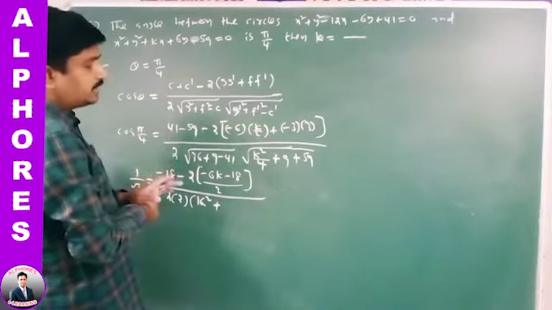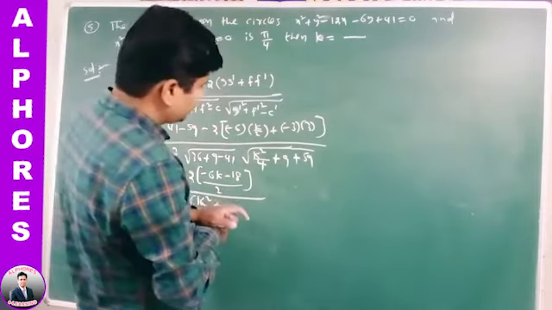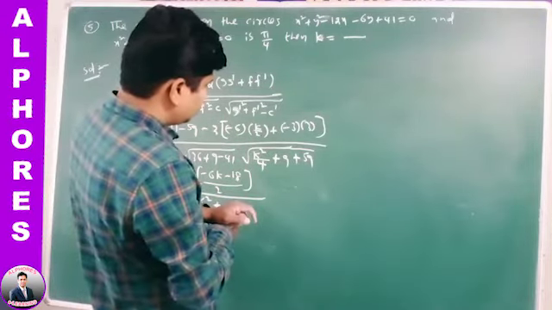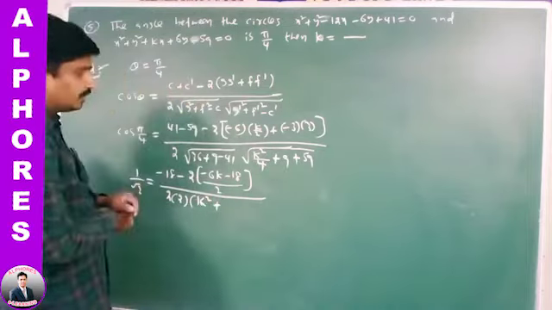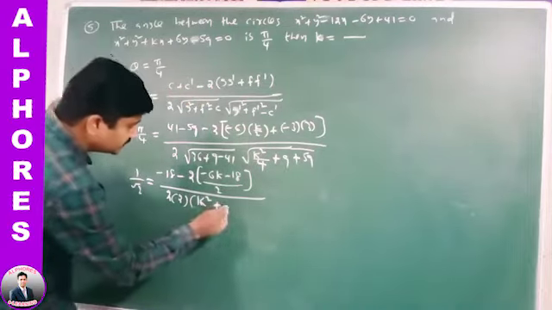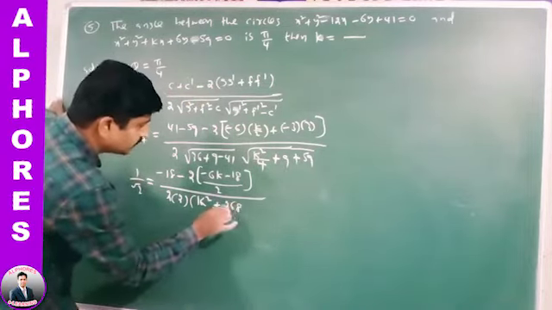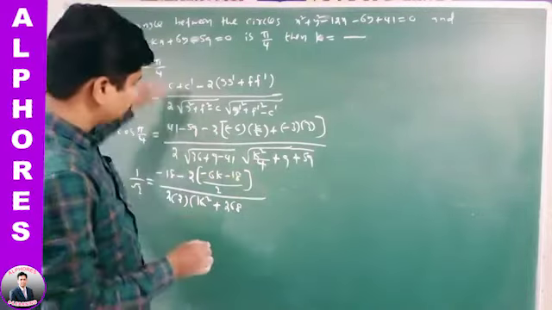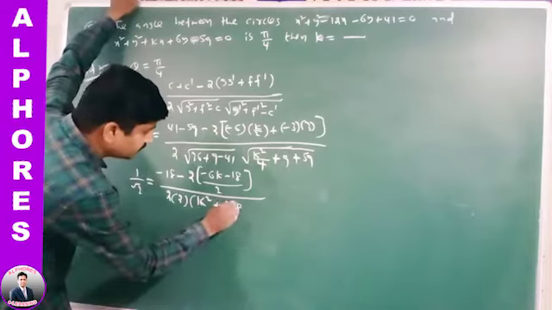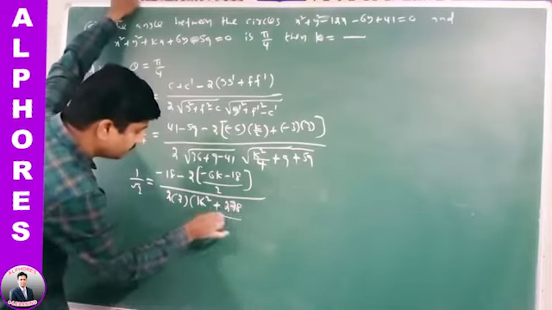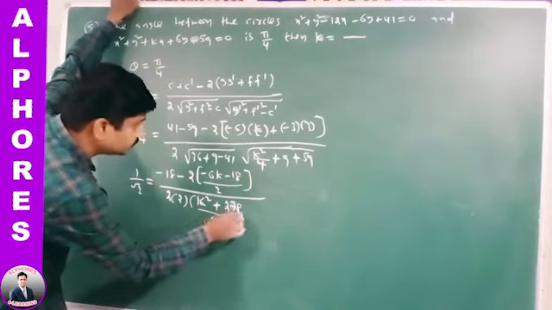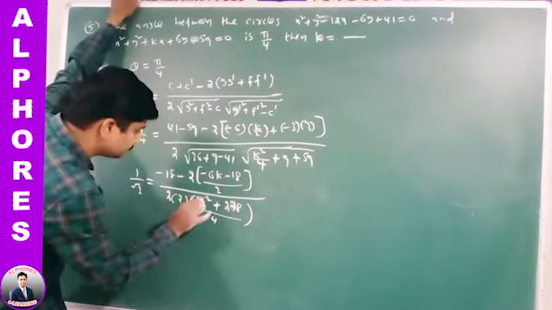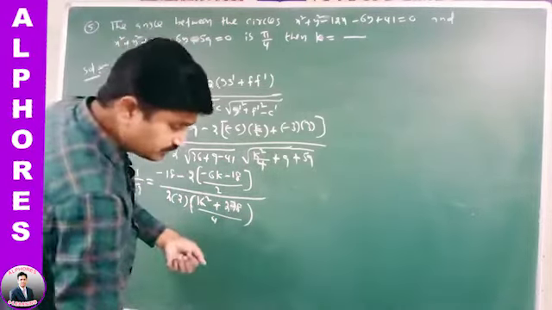Now 68 into 4, it is 278 by 4, under root.